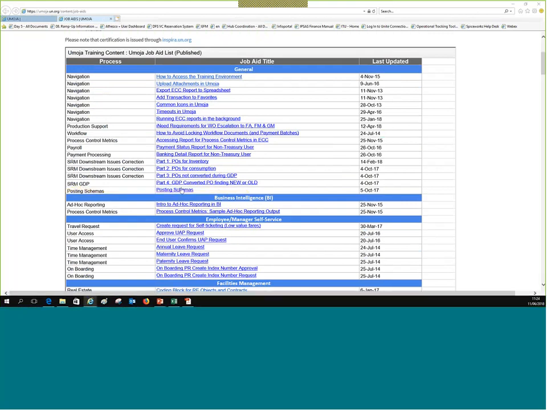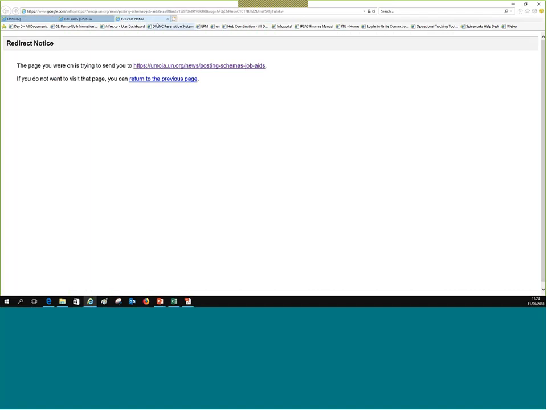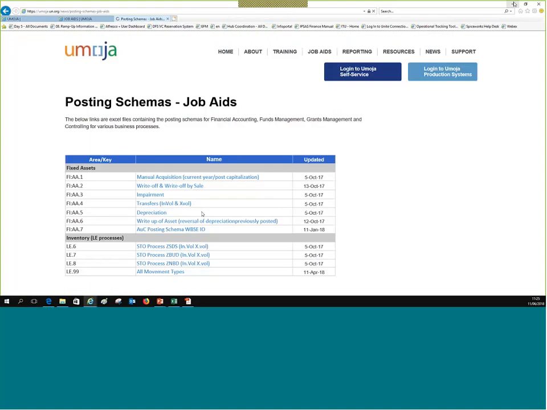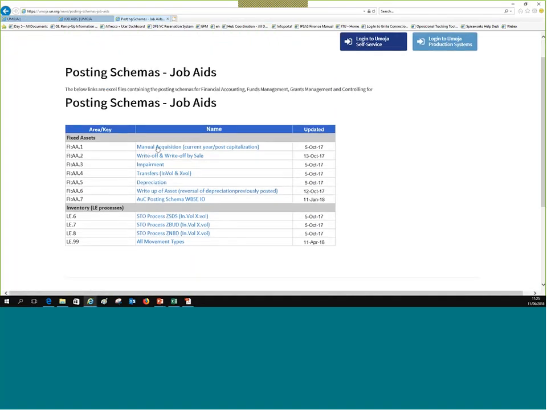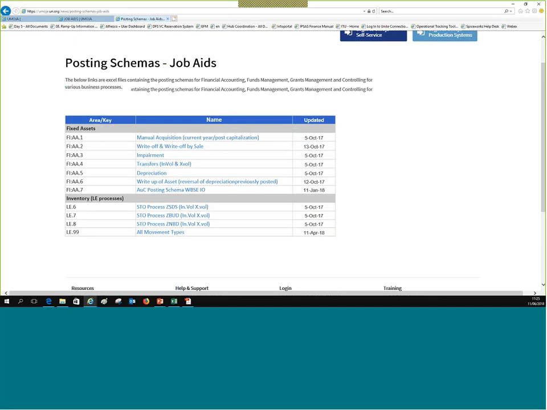So if you open the posting schemas link, okay, you will get a spreadsheet that I already downloaded, so I'm going to open it. Okay, sorry, you first get to this section. The posting schemas will have all the posting for all the transactions that are related to fixed assets or inventory.